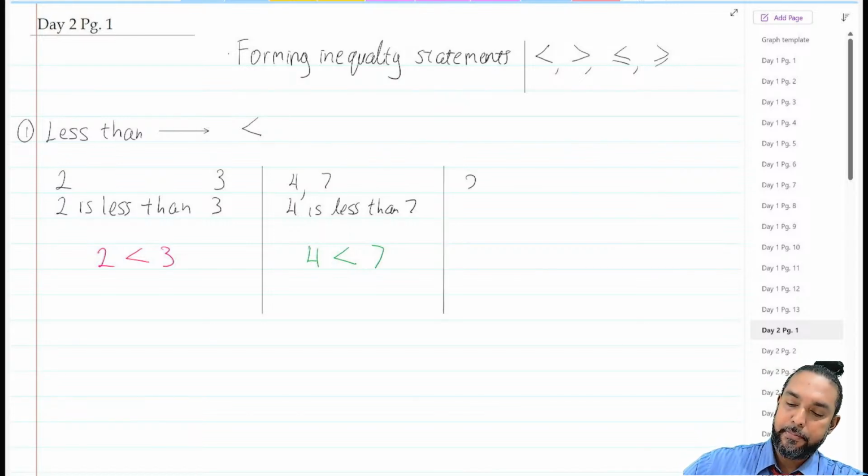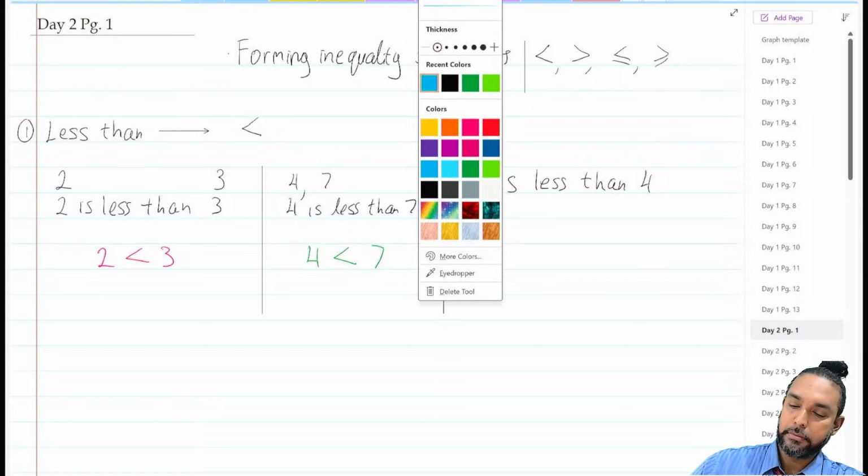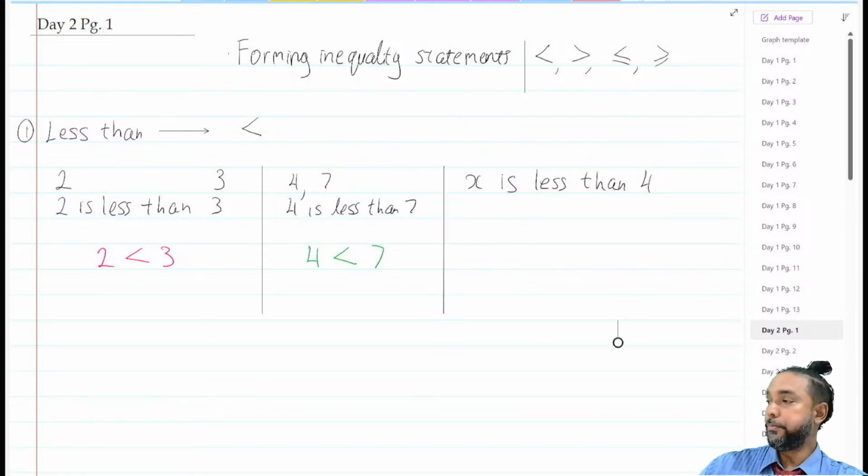Right? So if I have a statement now, and I tell you x is less than 4, because as we know, algebra comes into things pretty fast at this level. So we can write this as x is less than 4.